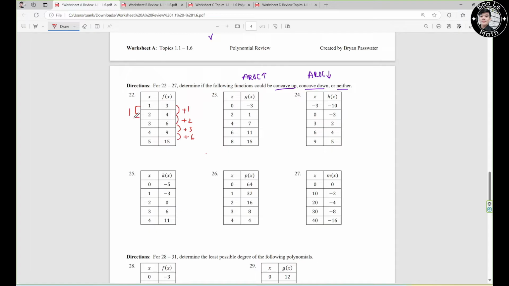This one 1, this one 1, this one 1. So the average rate of change, the first one is going to be 1 over 1. The second one 2 over 1. The third one 3 over 1. The last one 6 over 1. And you see that average rate of change is increasing, right? So because average rate of change is increasing, the function is concave up, right?